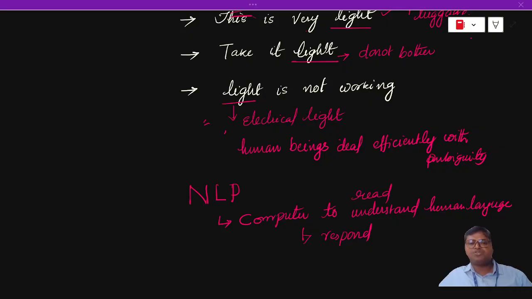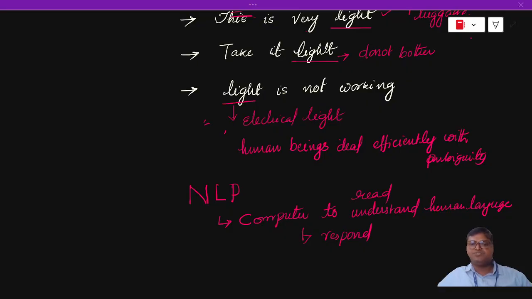All these are components in natural language. So in natural language processing, the computer should understand, read, communicate and generate. Not just the meaning, but it should understand the intent and emotion.